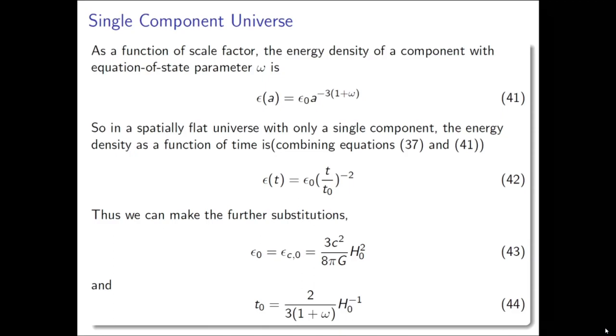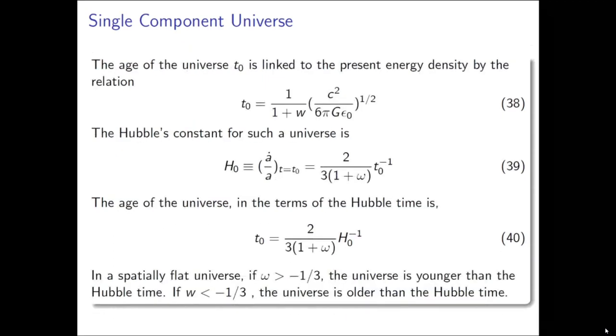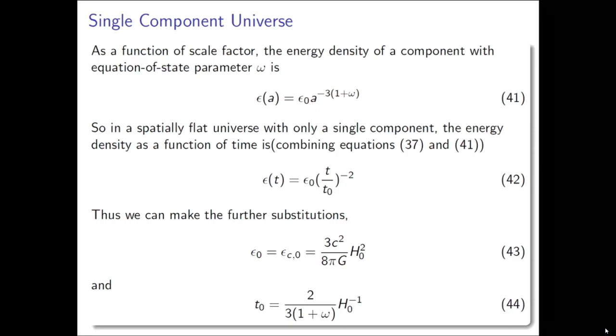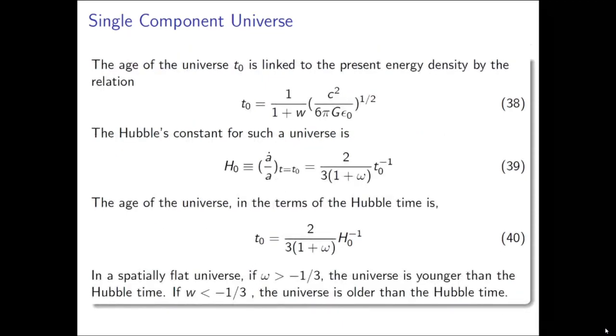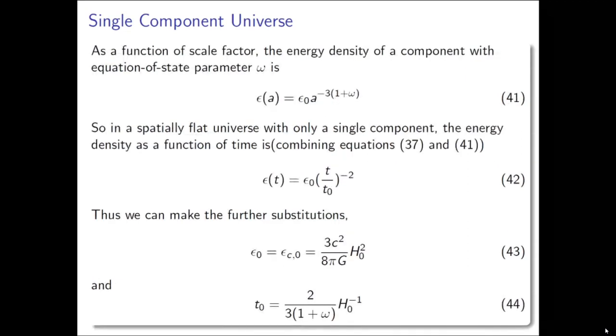Since from equations 41 and 42, we can make the further substitution in the values of the present energy density. So epsilon naught equals epsilon c comma 0, which is equal to 3c square by 8 pi g times h naught square, that we are getting from equation number 38. We substitute for the values and get equation number 43.